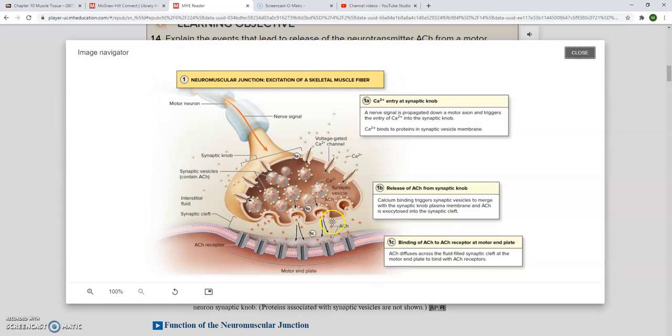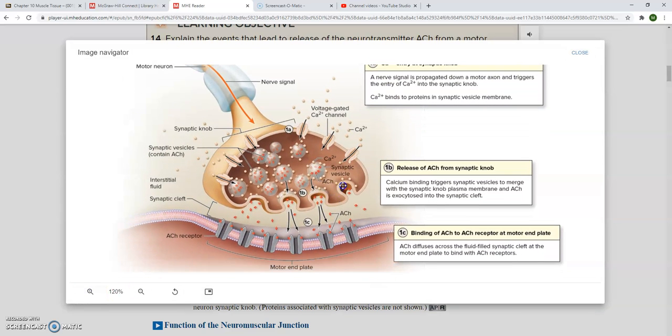So in our picture here, the bacteria that cause botulism affect the motor neuron, but they affect it here at these synaptic vesicles.